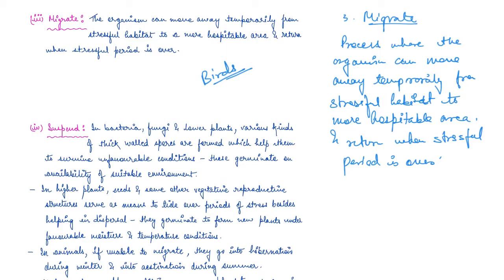Every winter the famous national park, Keoladeo National Park in Bharatpur, Rajasthan, hosts thousands of migratory birds coming from Siberia and other extremely northern regions. So they migrate. Now, apart from that, they suspend as well.